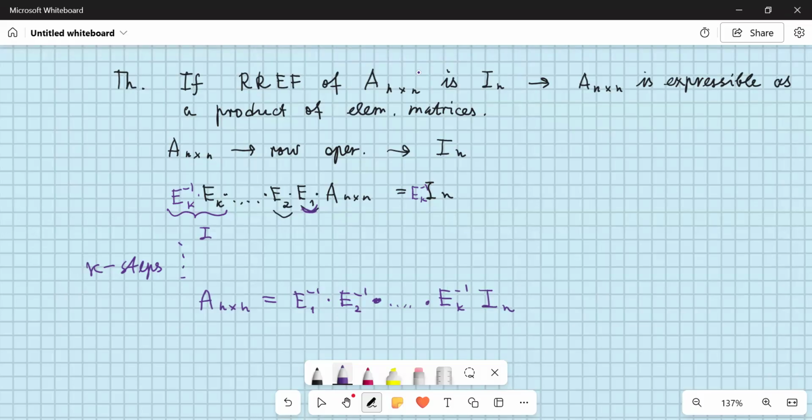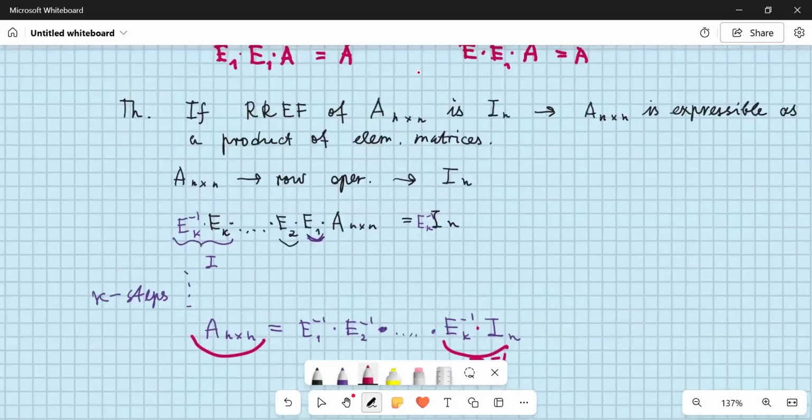Very good. If you look at this expression now, you can probably see that on the left side we have our original matrix, and on the right side we have a product of elementary matrices. We remember that inverses of elementary matrices are also elementary matrices. They are just different elementary matrices, but they are still elementary matrices. And in the last multiplication, if you multiply something by identity, it's just EK inverse. So we have a product of K elementary matrices.